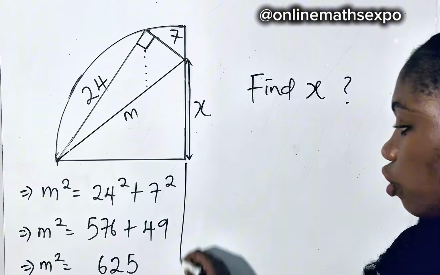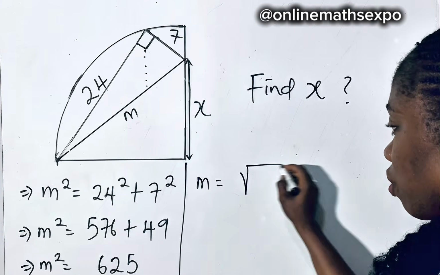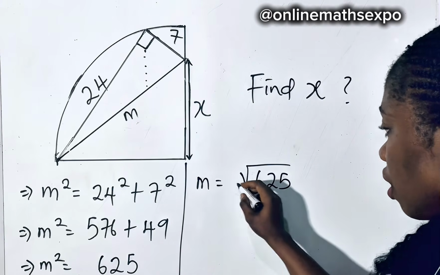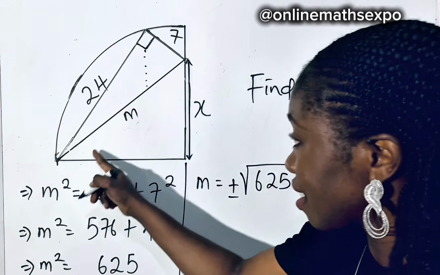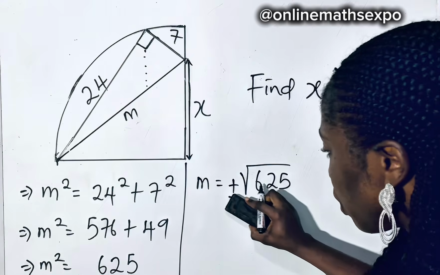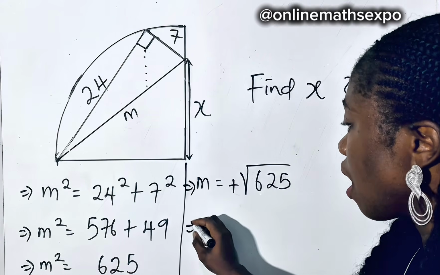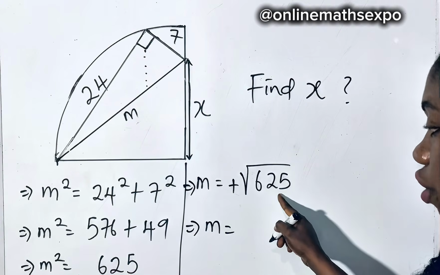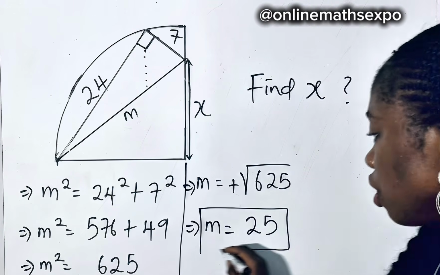To get m, we remove this square, so we square root 625. Take the positive and negative. Now, because m is a side and can't be negative, we are only going to concentrate on the positive square root. So in that case, we have m is equal to the square root of 625, which gives us 25. So the value of m is 25.